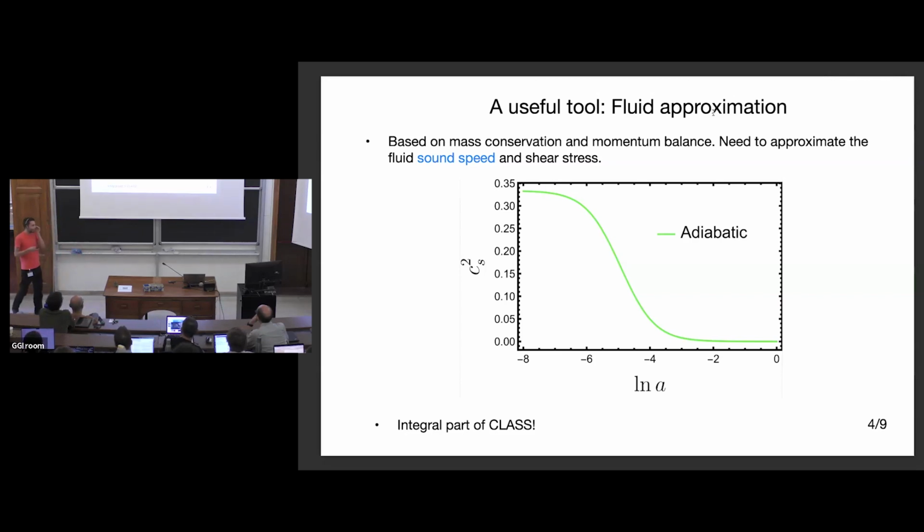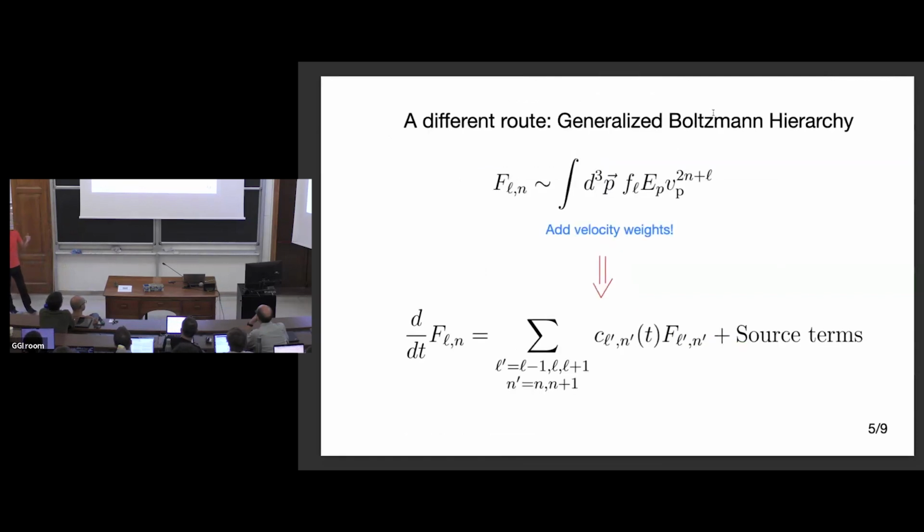So for now, I have explained to you the basic ingredients, everything that goes into the standard implementation. Now let me tell you about some ideas I've introduced in the past and that I'm now combining. First is a different route for solving the complete dynamics. I call this the generalized Boltzmann hierarchy. The point is that, besides having the multipole expansion, which is the standard, I now want you to consider also adding some velocity weights to this moment expansion.